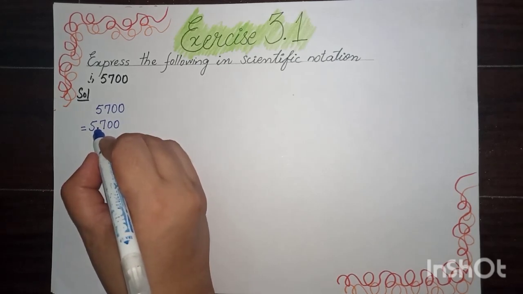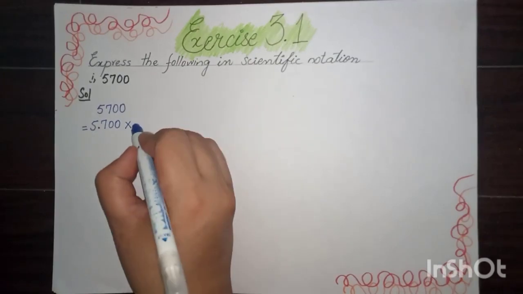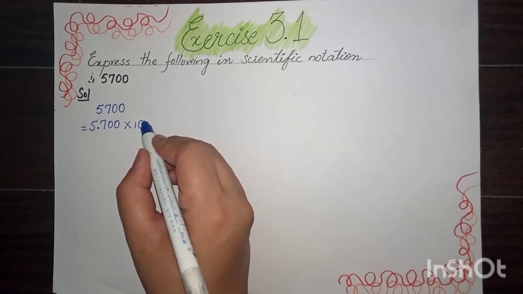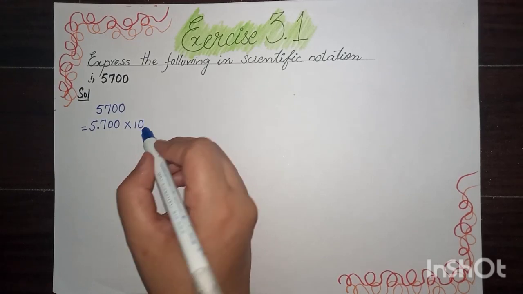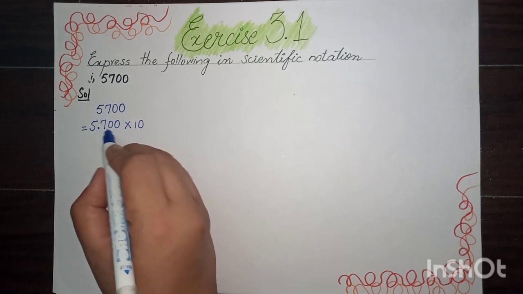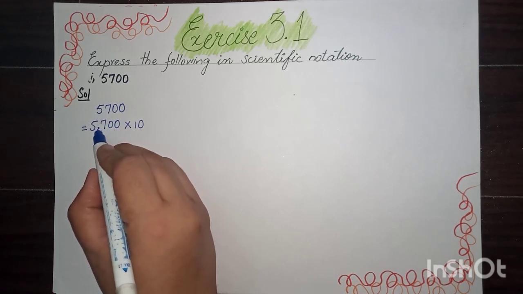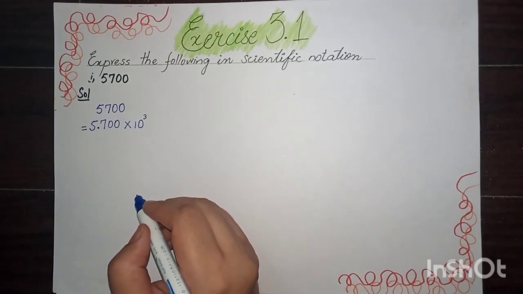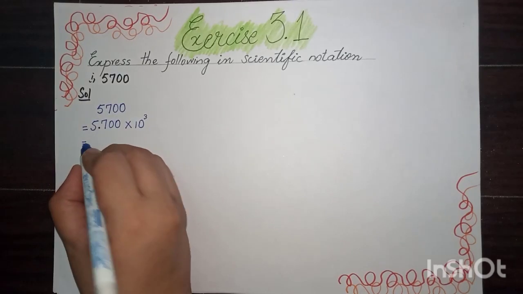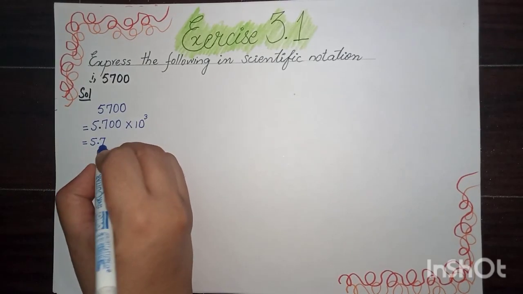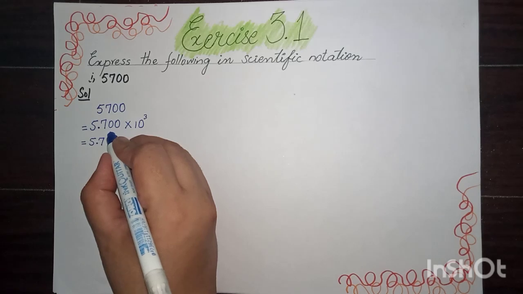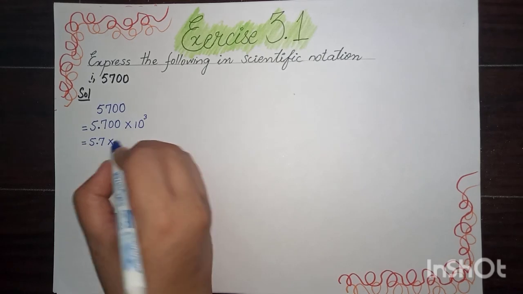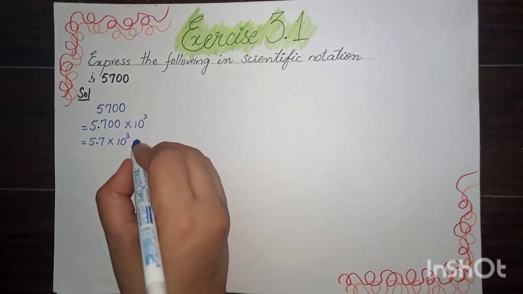Now I will write 10 raised to a power. How can we find this power? Count the numbers after the decimal point. After the decimal there are 3 digits, so you can write 3 as the power. We will write it as 5.7, because there is no need to write zeros at the end after the decimal point. So 5.7 times 10 raised to power 3 is my answer.